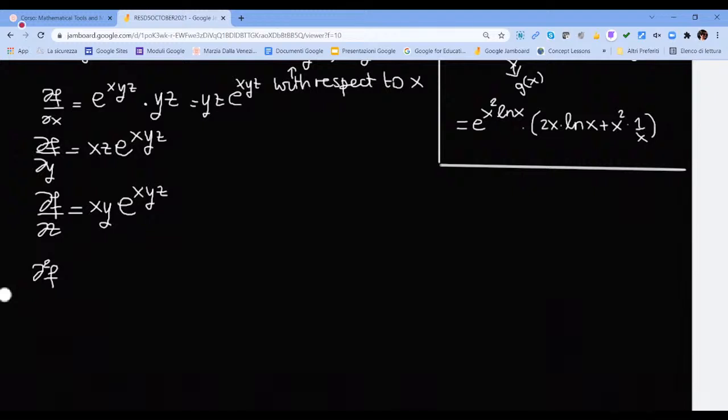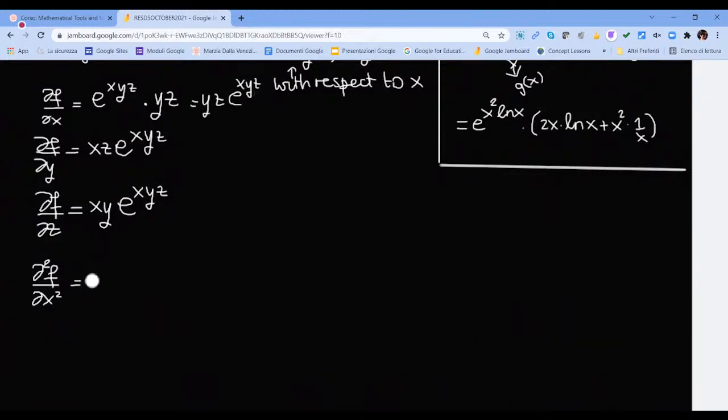Okay, let's take all the derivatives with respect to x and compute. This one has the same form as before because x is only in the exponent, so it is again the whole function, and then you have to derive with respect to x the whole exponent.